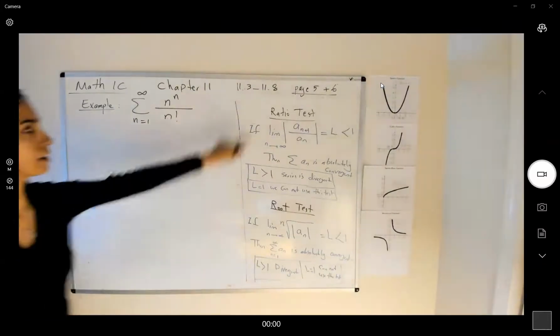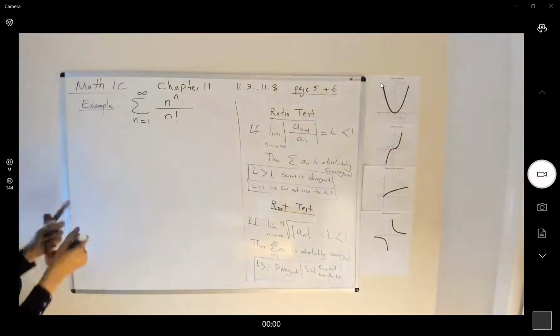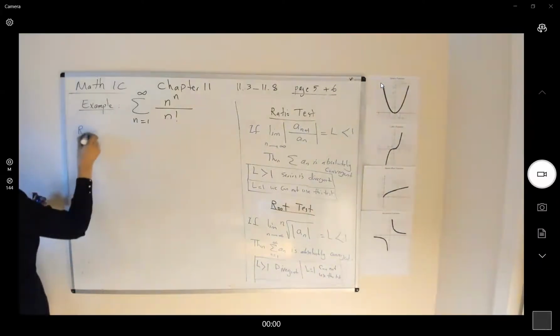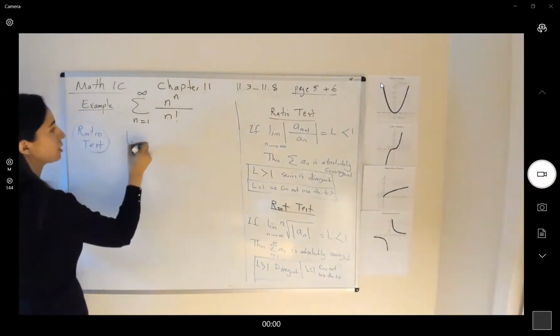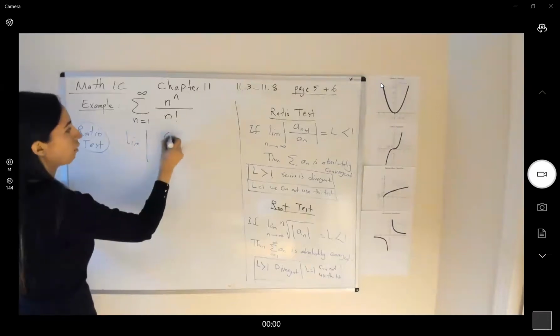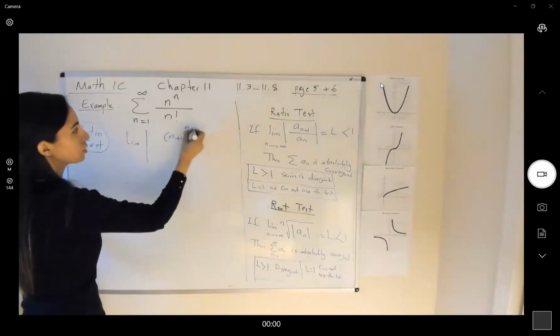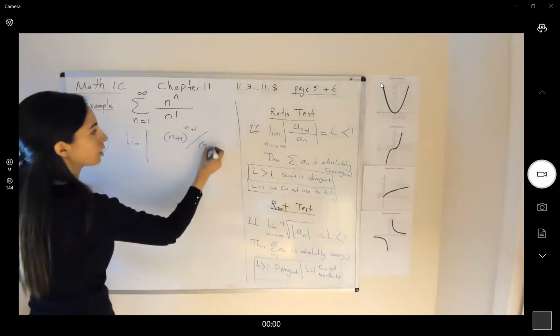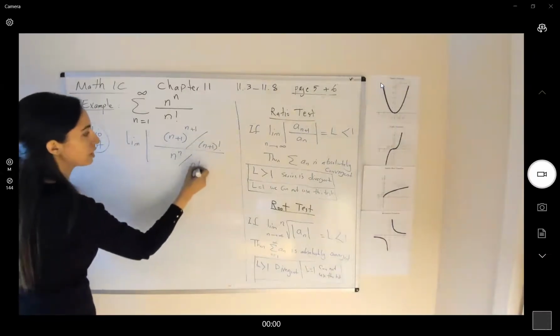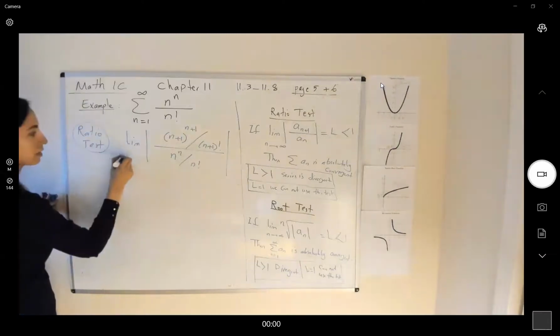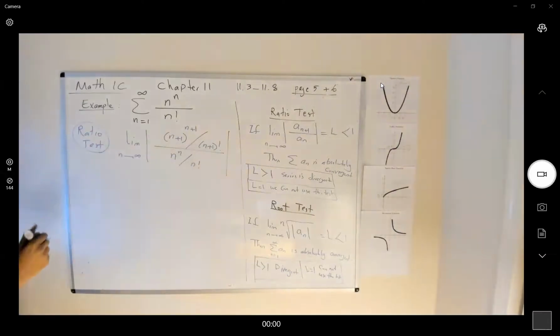Okay, let's apply the ratio test and see what we have here. Ratio test. So here you have the limit of the absolute value of (n plus 1) raised to n plus 1, divided by (n plus 1) factorial, over n to the n over n factorial, as n goes to infinity.